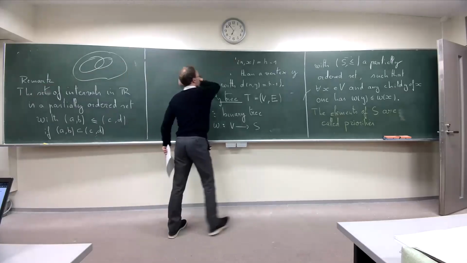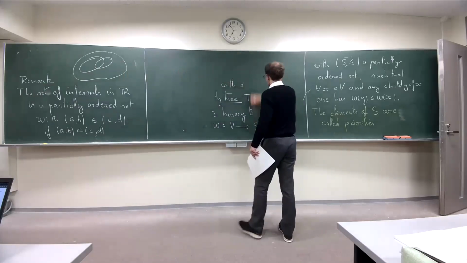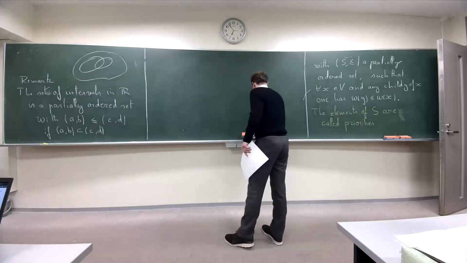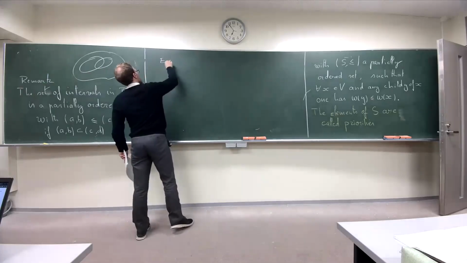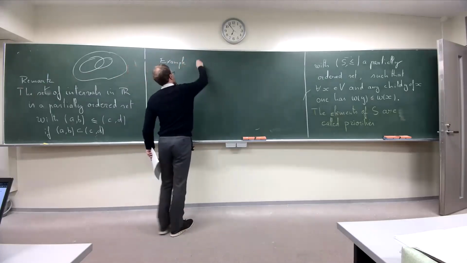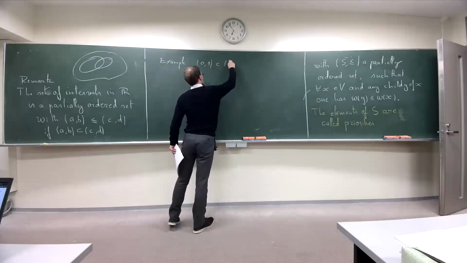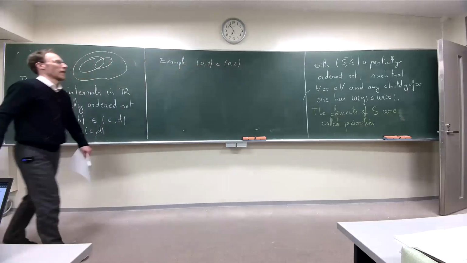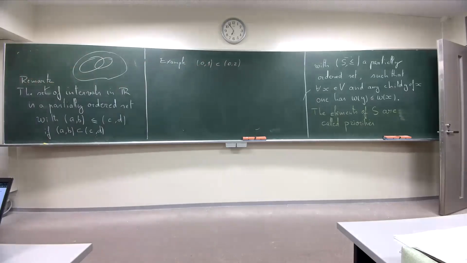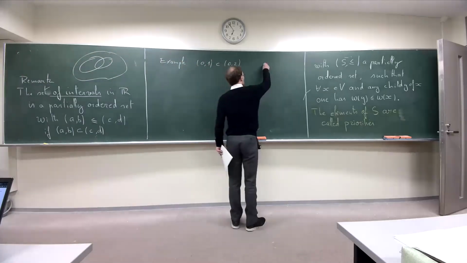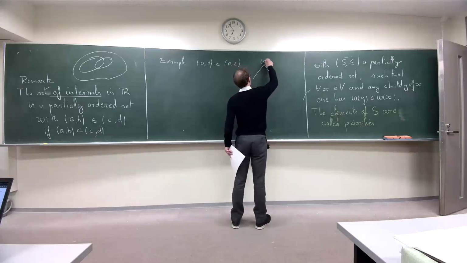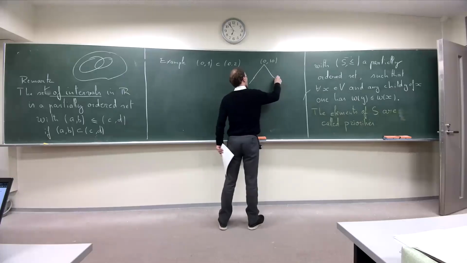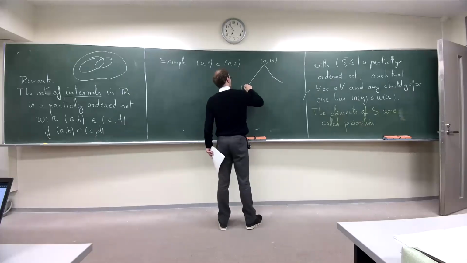Take an example: two intervals, 0, 1 is included in 0, 2. As intervals, these are not just pairs of numbers. So I just wanted to explain that intervals are a partially ordered set. So you can build a tree. Let's say I take 0, 10. Then I'm going to take 1, 8.